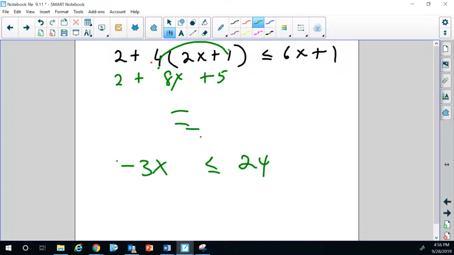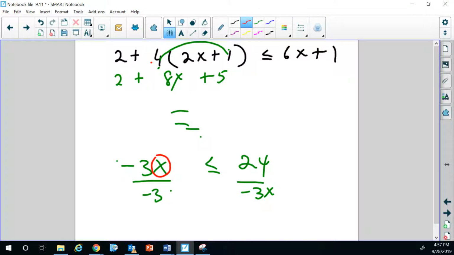And what they're doing is they're dividing by negative 3x on both sides. Again, that's not what you want to do. You want to get x by itself. So you have to divide, right? The inverse operation is divide by negative 3, but not negative 3x.